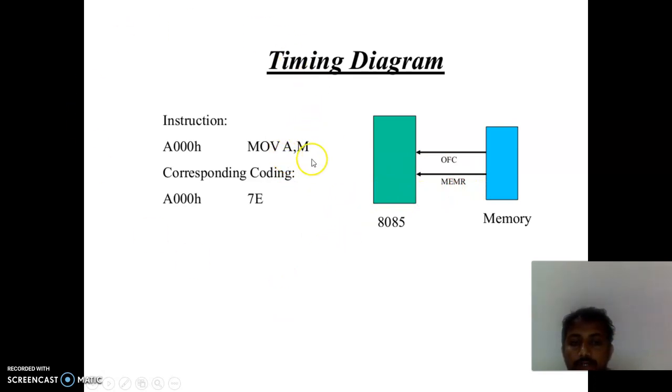This is the overall operation being carried out. First, it learns what operation is to be carried out by using an opcode fetch. In the second machine cycle, it will read the data from the content given by the H and L register pair, and store it into the A register.